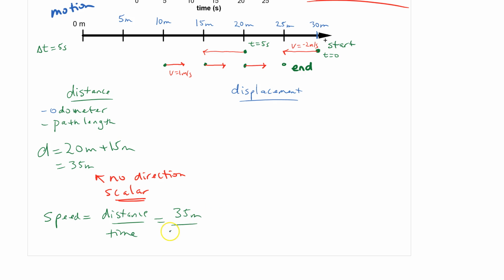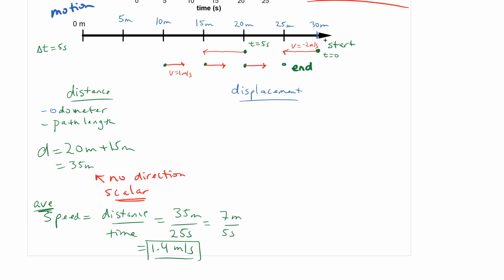It was 25 seconds. So 35 meters divided by 25 seconds. If I reduce this, I can say that's 7 over 5. So I think that's 1 2/5. So it'd be 1.4 meters per second.